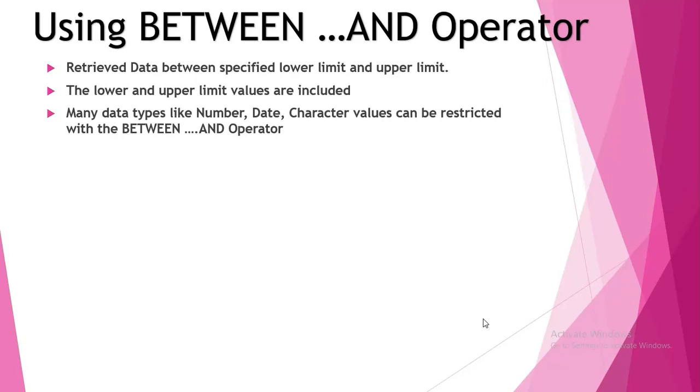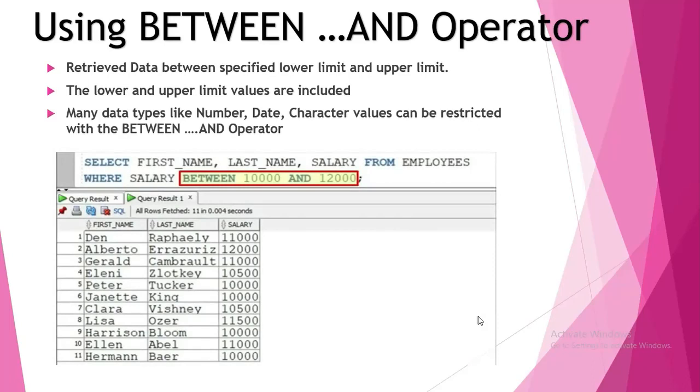We must use both BETWEEN and AND in one query. Here is one example: select first_name, last_name, salary from employees where salary between 10,000 and 12,000. It fetches only data within this range. This is one example for the BETWEEN AND operator.